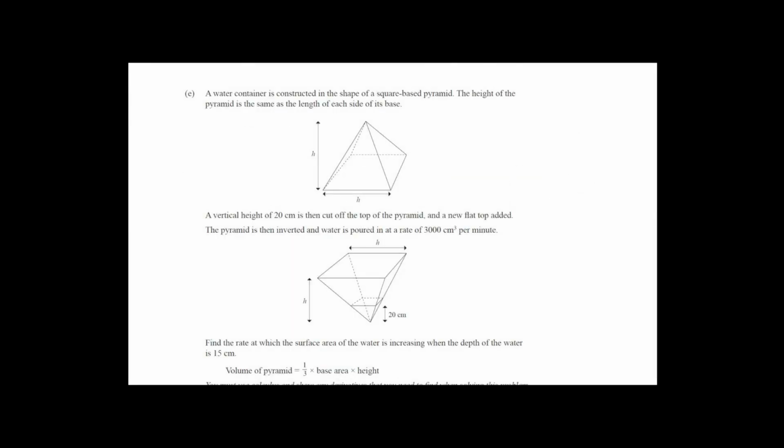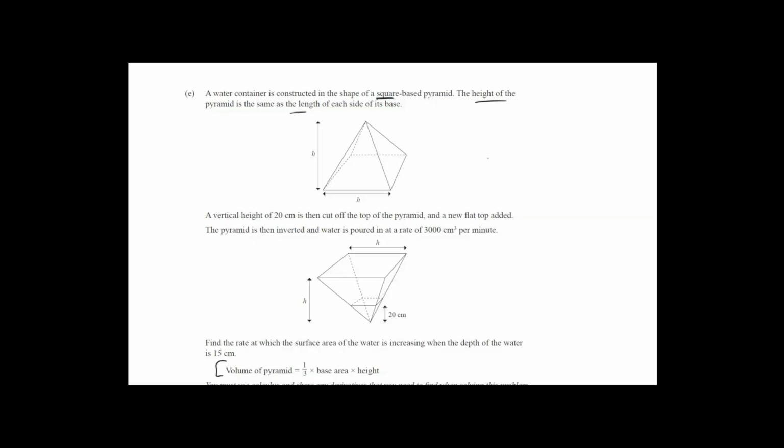So this last question: a container is constructed in the shape of a pyramid with a square base. So that tells us a lot here. It's a square base, and the height of the pyramid is the same as the length. Okay, well, this tells us a few things.